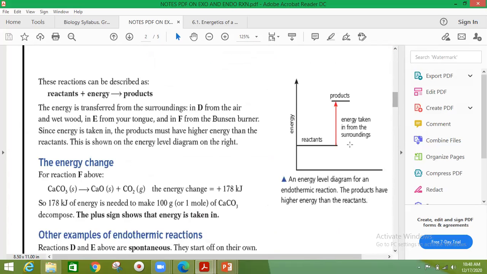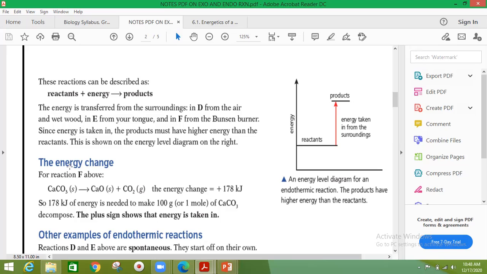And see this diagram. You can get this diagram from your chemistry book. So there is an objective, I told you, the second objective: if data is given to you, you need to draw the diagram according to that information.